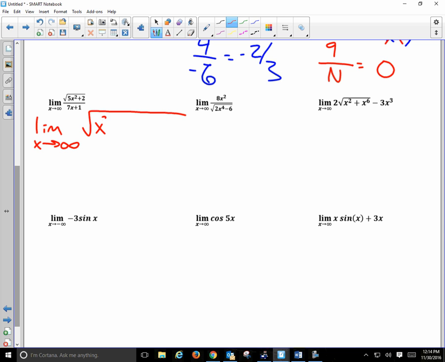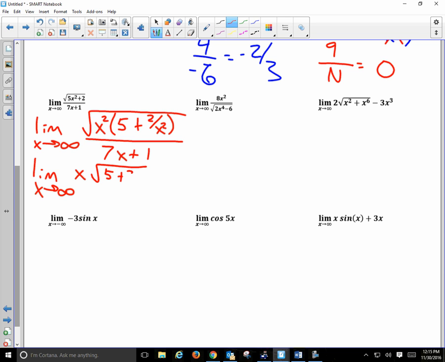If I take the x squared out, which is a perfect square, I therefore get x times the square root of 5 plus 2 over x squared.